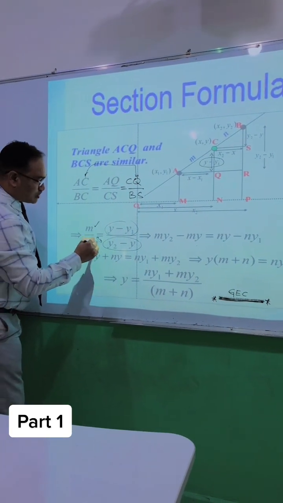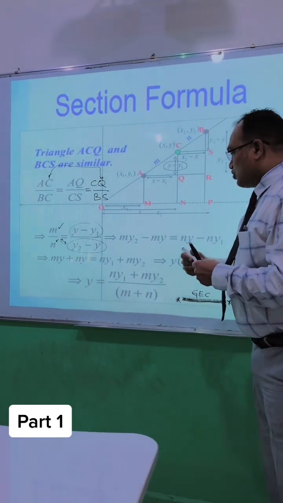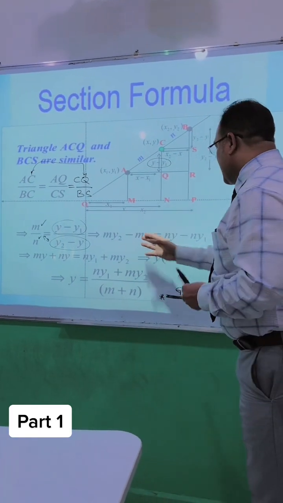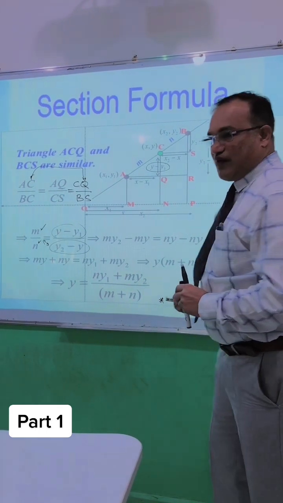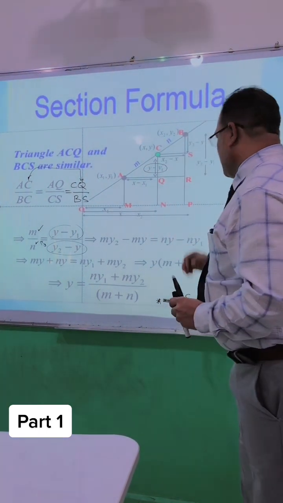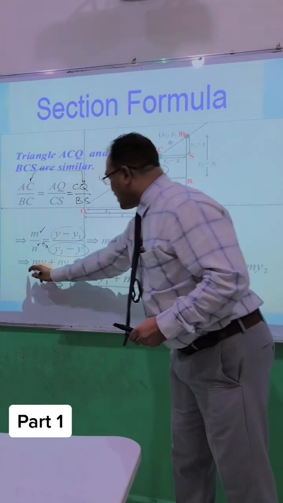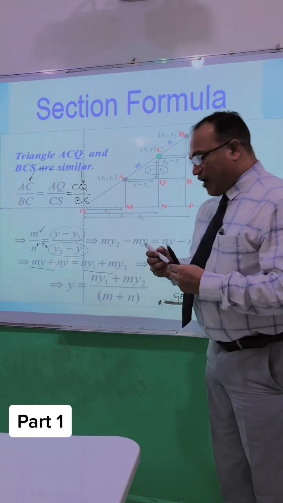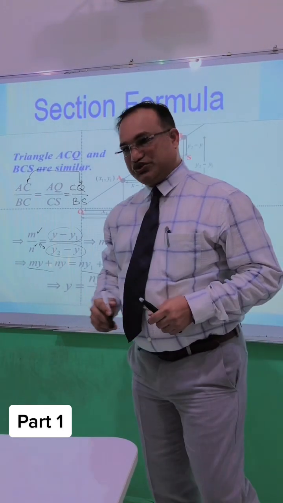By cross multiplication, you will get ny minus ny1 equals my2 minus my. After some simplification, we get my plus ny equals ny1 plus my2.